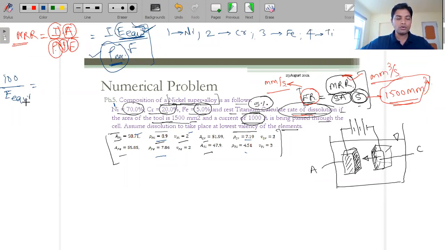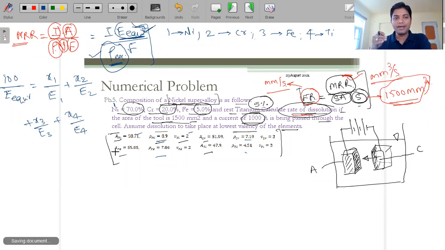Okay guys, so now x1 by E1 plus x2 by E2 plus x3 by E3 plus x4 by E4. From here, E1 is A1 by V1, E2 is A2 by V2. So if you keep this A1 by V1, this will become x1 into V1 upon A1.